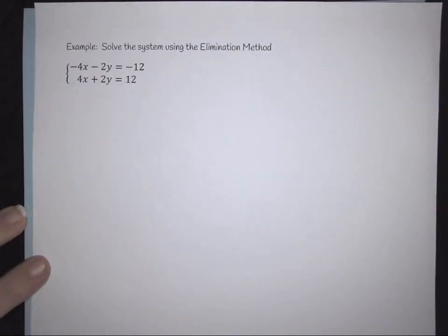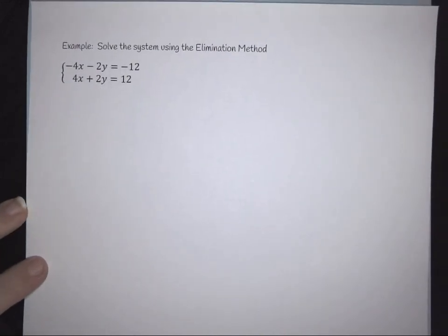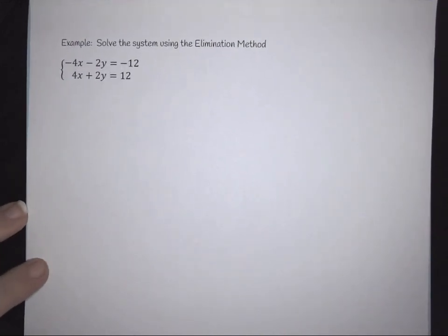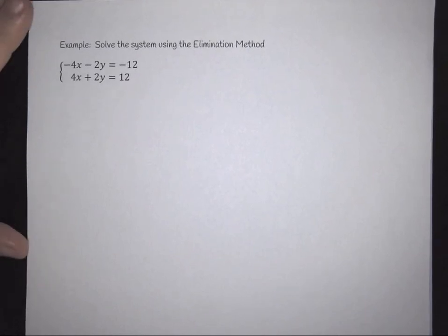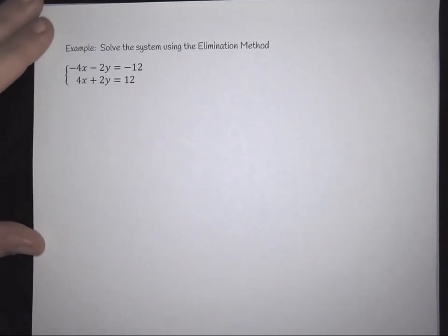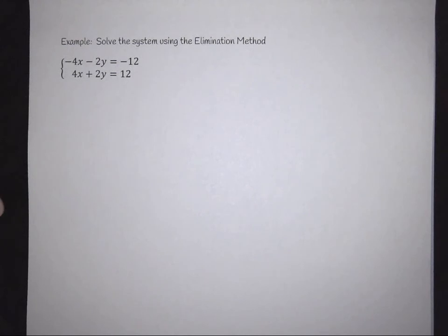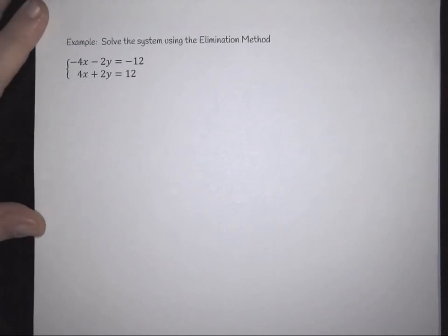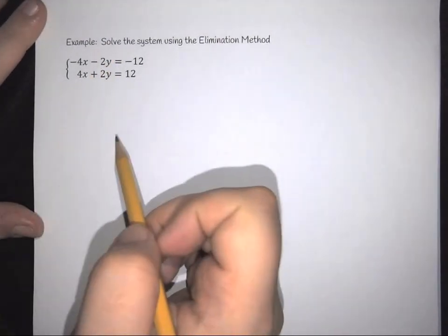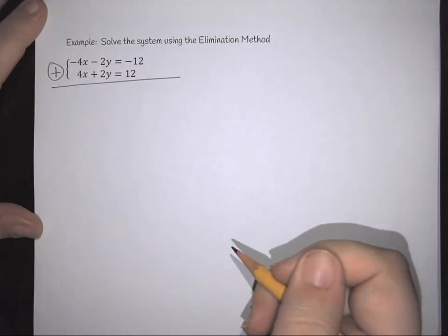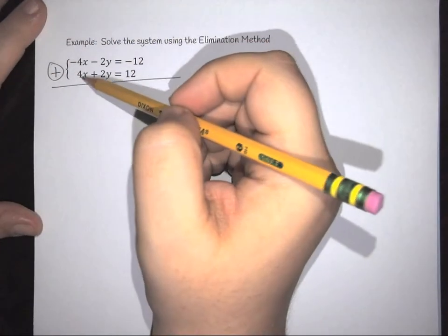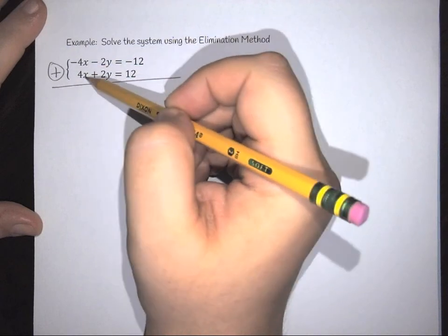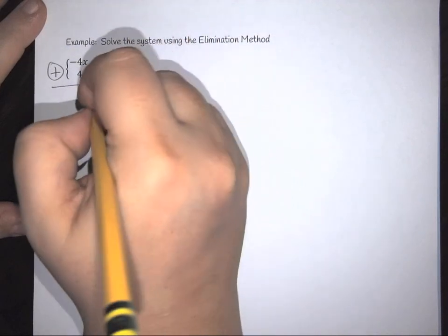Now, let's look at this next one. Some students get to the point where you can look at an equation and see right off the bat that there is really not much that has to be done. Simply, if you look at this equation, if we were to just add this right off the bat, what you're going to notice is that negative 4x plus 4x becomes a 0.